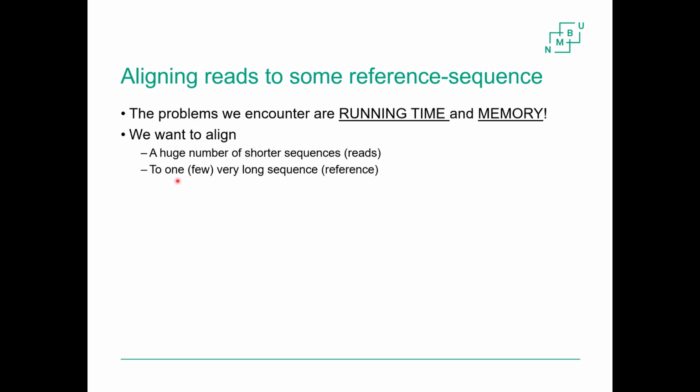So the database consists of many sequences, not one long one, and you have one sequence that you search with, not a million like we have here. So it's a different type of problem. And for this reason, specific algorithms have been developed for this special problem.